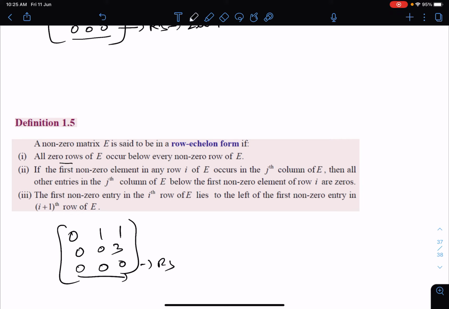If the first non-zero element in any row i of E occurs in the jth column of E, then all the other entries below it in the jth column should be 0. This is very, very important. Leave the first column and come to the second column. Here this is the first non-zero element, so below that, all the elements should be 0. Suppose you get a matrix like this.